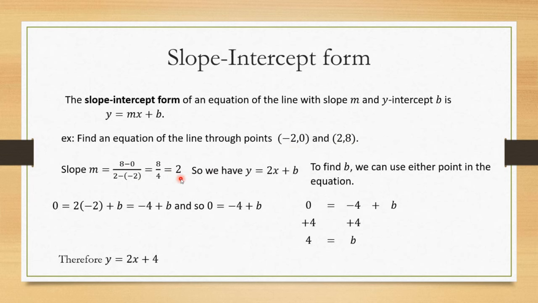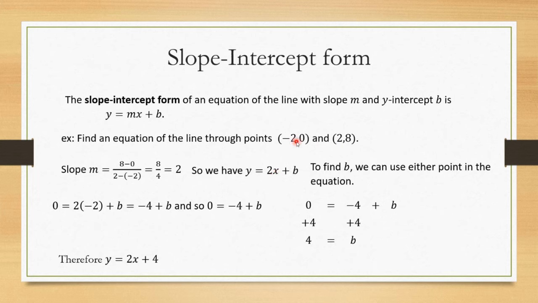Are we done yet? Well, if we're using slope-intercept form, the answer is no. So if I asked you, let's say, find an equation of the line in slope-intercept form, yes, we have the slope, but we've got to figure out what b is. How do you do that? Well, we know these points are solutions to this equation since they're on the line.